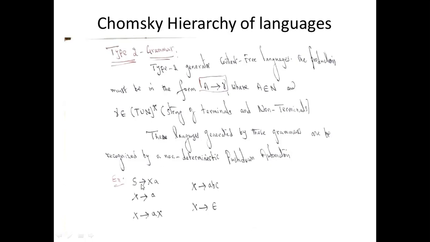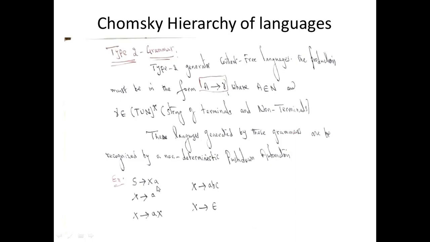So there is no restriction, because X or S can be present at the right side part also. Then we can use X implies epsilon. The only condition is this simple production format. Left side should have one non-terminal symbol. Right side we can use any number of terminals or non-terminals. In star, epsilon is also allowed.